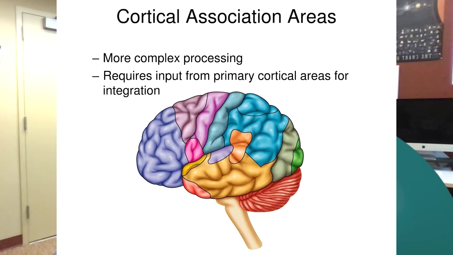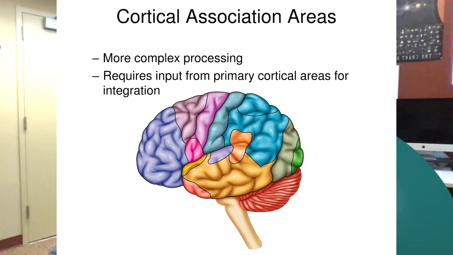Basically, it requires input from the primary cortical areas for integration. So if you're seeing something, the optic nerve will bring that information to the primary visual area, the dark green in the back. And then axons through association fibers are connected to the association area, and it's there where some more integrating is going on.